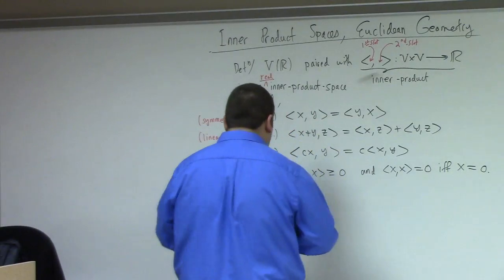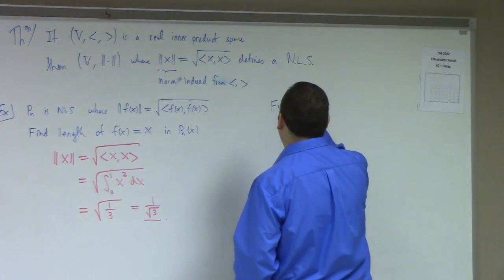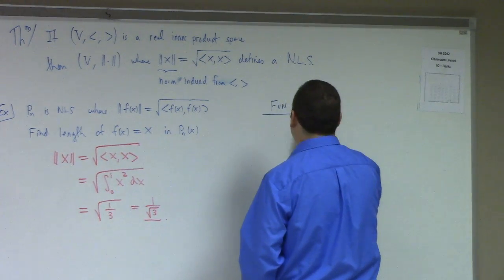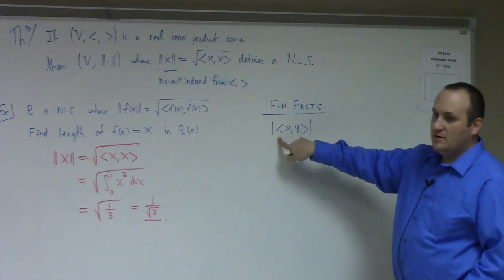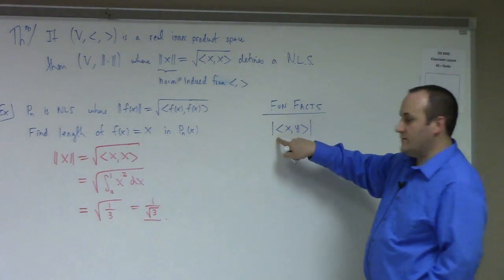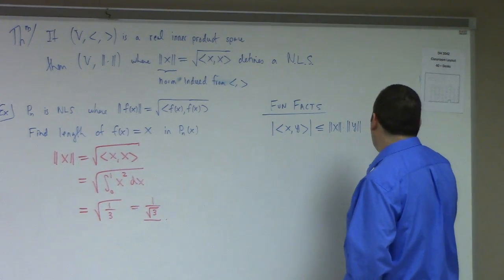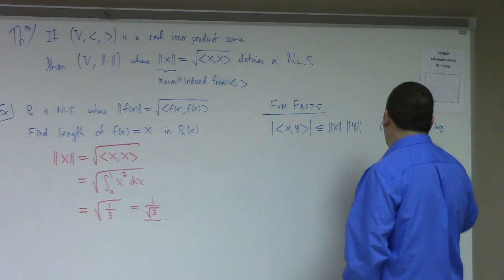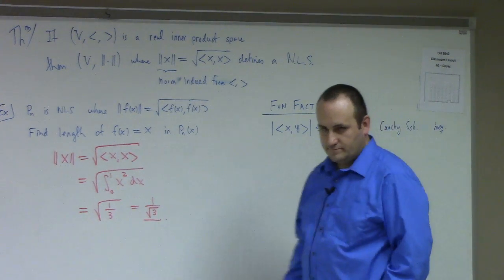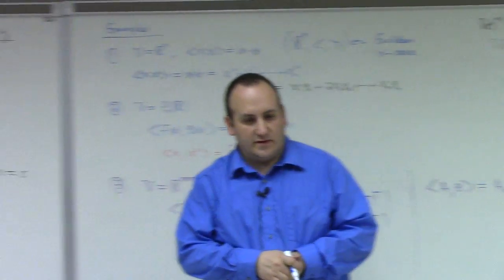One thing is that for an inner product space, the absolute value of the inner product of x with y is less than or equal to the norm of x times the norm of y. This is the Cauchy-Schwarz inequality.